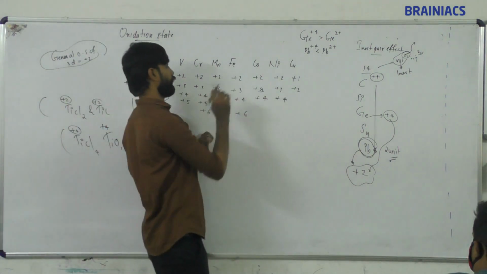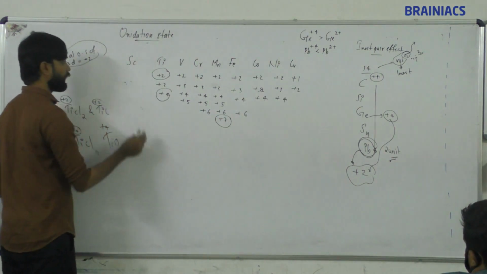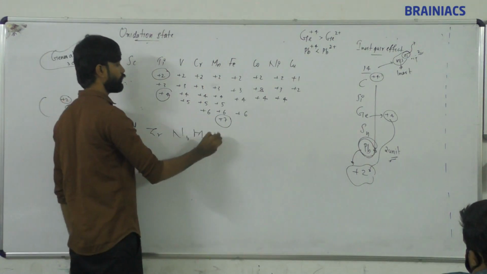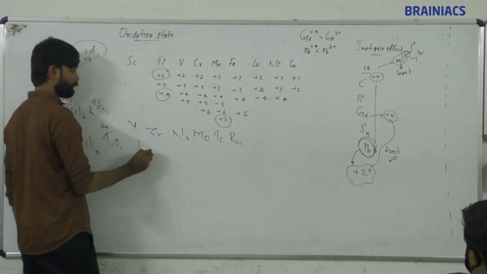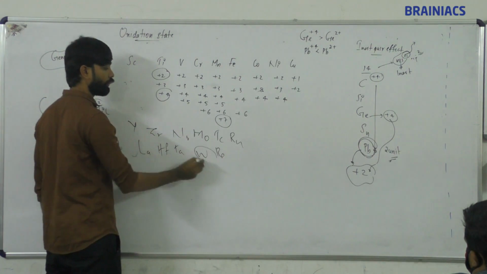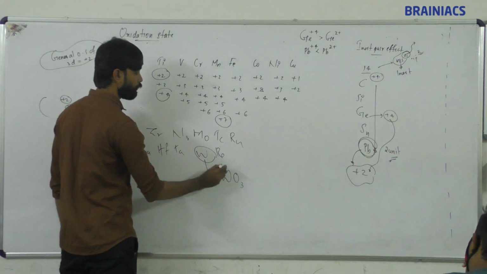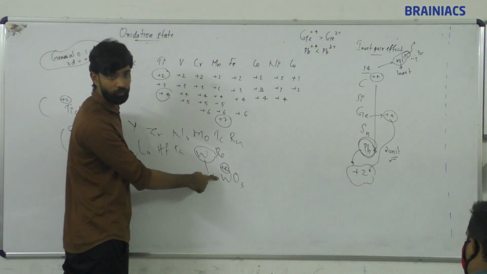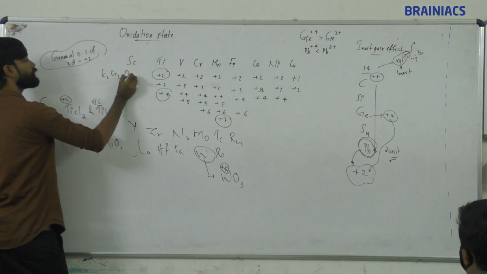Take the groups: scandium, titanium, yttrium, zirconium, niobium, molybdenum, technetium, ruthenium, and lanthanum, hafnium, tantalum, tungsten, rhenium, like that. Tungsten can exist in the +6 oxidation state, and the +6 oxidation state of tungsten is much more stable. But the +6 oxidation state of chromium is not much stable.